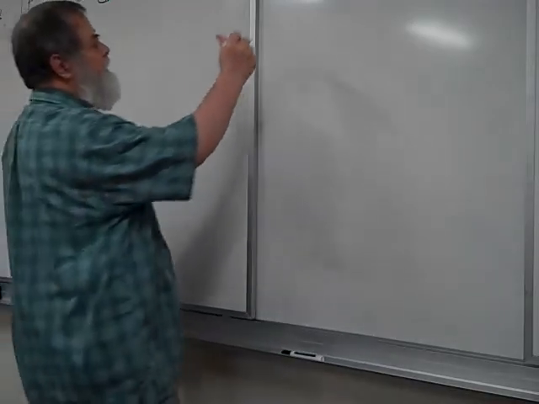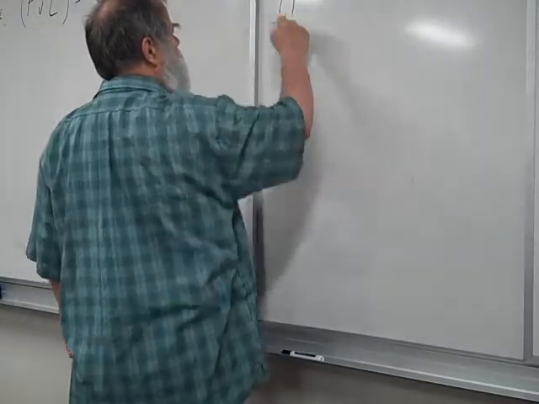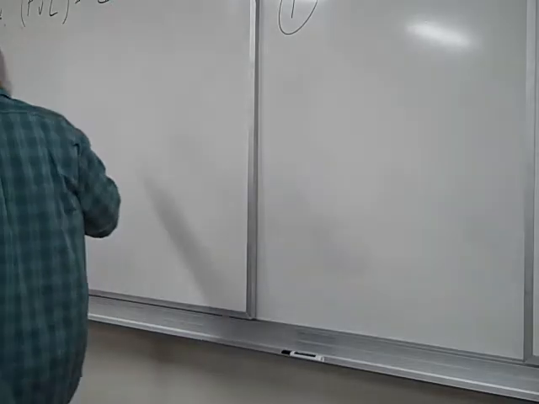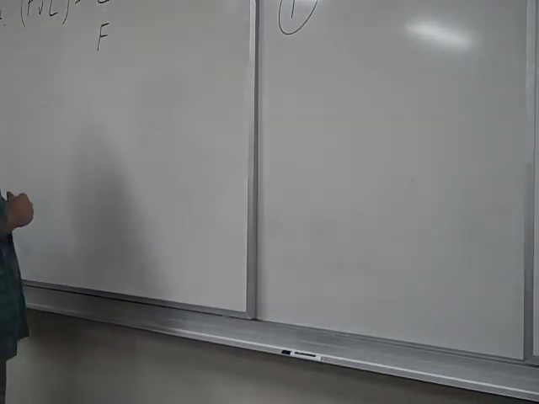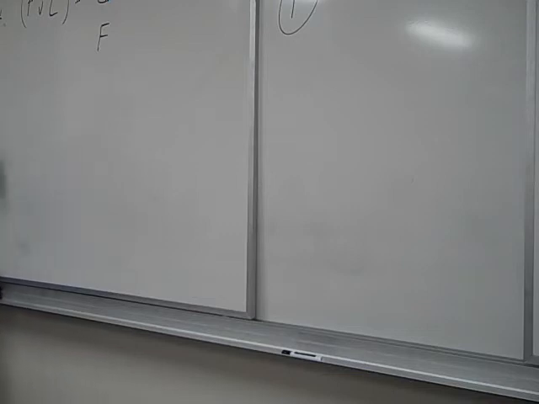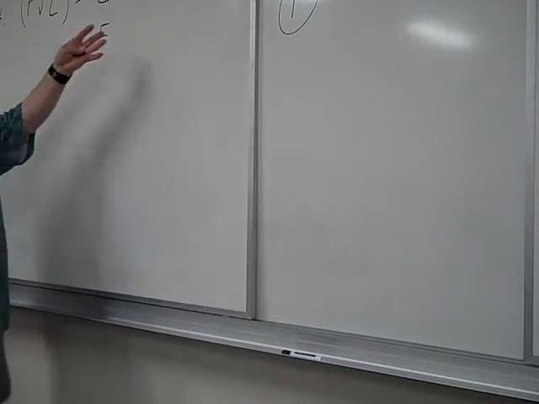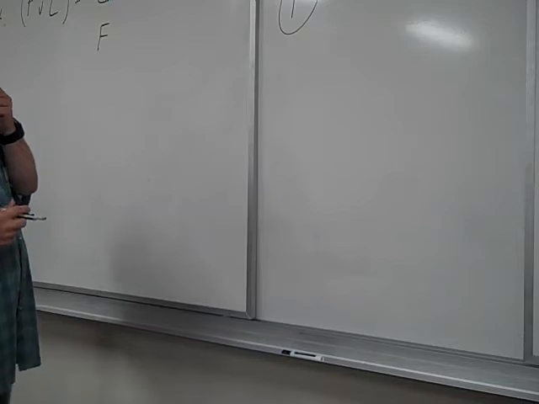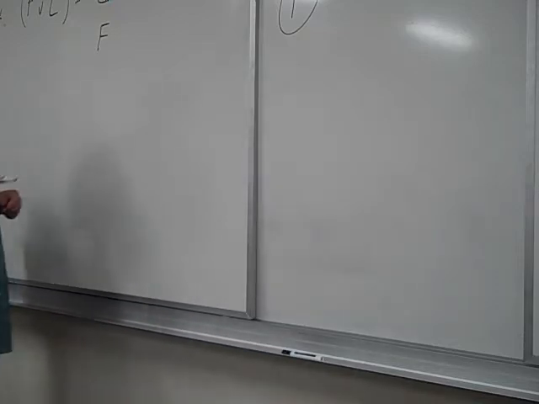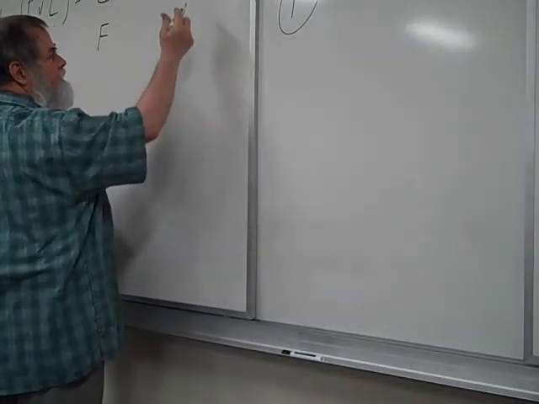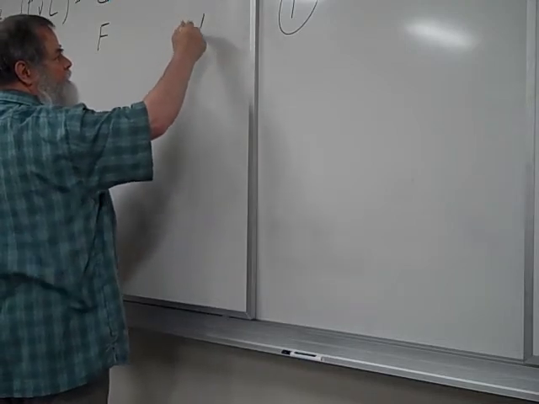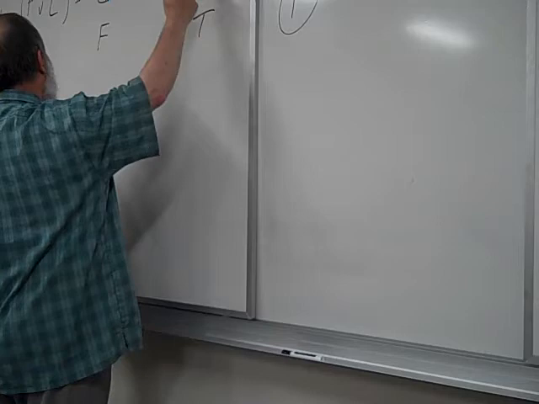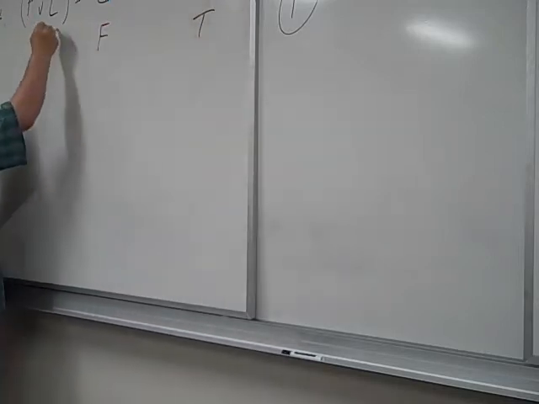I want to see if I can get C false. So if I can get C false, then this will be false. But what I want to do is try to get all of the premises true. So if I want to get this premise true, I need L to be false so that not L would be true. So L has to be false.